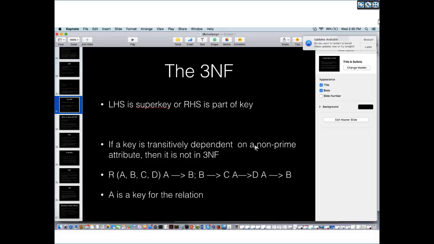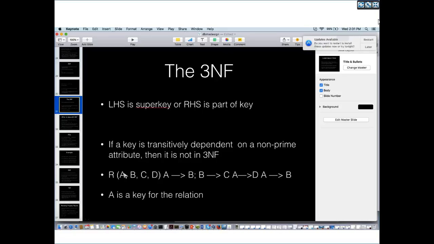If a key is transitively dependent on a non-prime attribute, then it is not in 3NF. In the example that I gave, A is the key, but it is transitively dependent on C here, as you can see. Okay? Right? So people should be really careful when they are applying this transitive dependency. Transitively dependent on a non-prime attribute is not the same as directly determining.